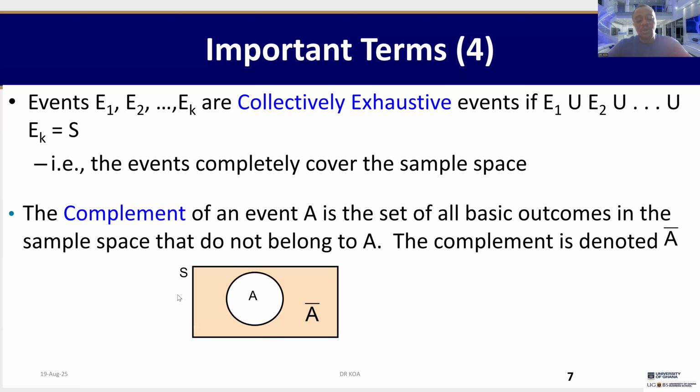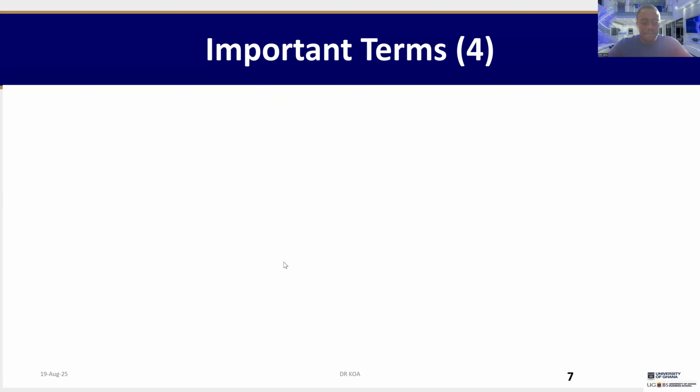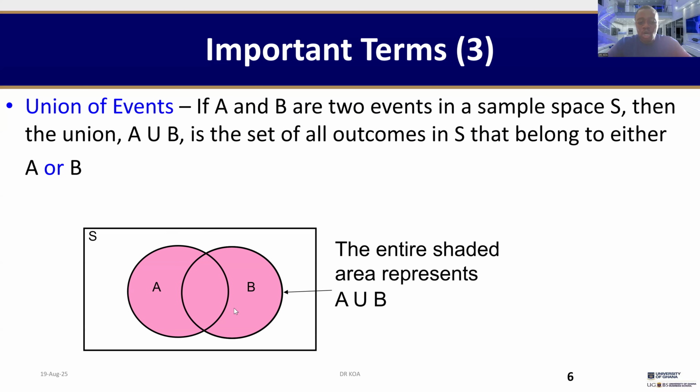So if you take, for example, here, what is a complement of A? If I were to label them nicely, this is A, this is A intersection B. I'm just renaming them. Then the other part is B.